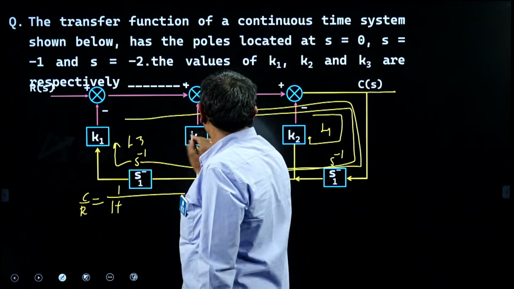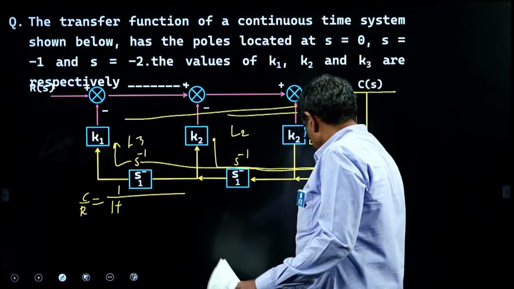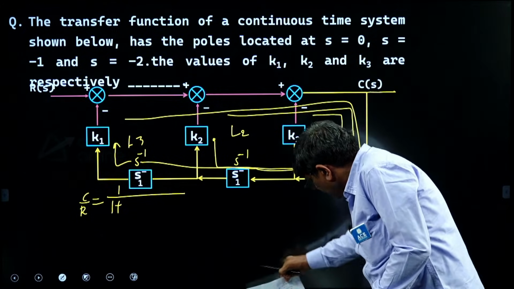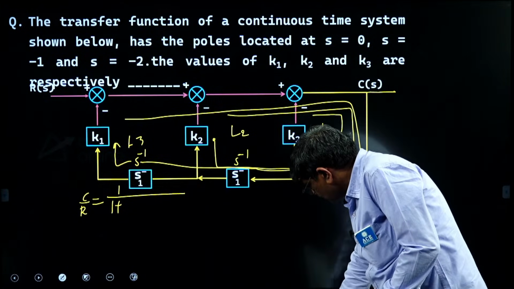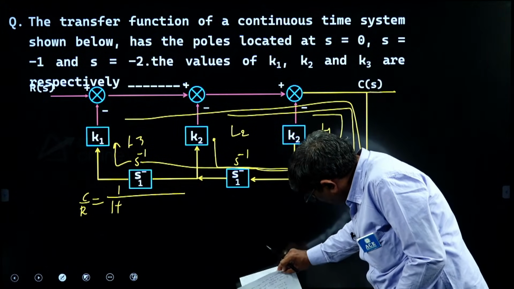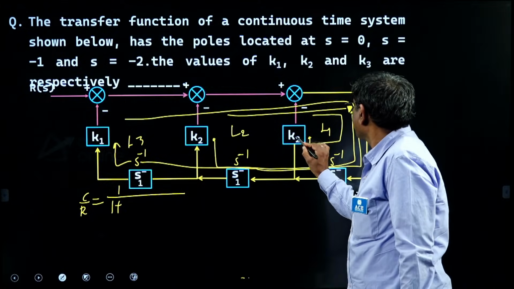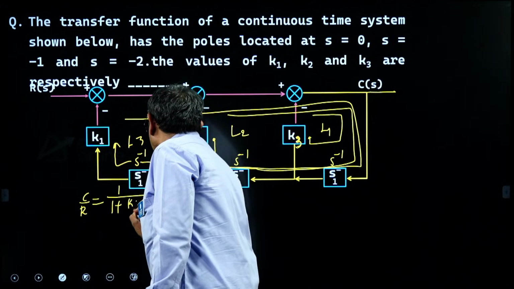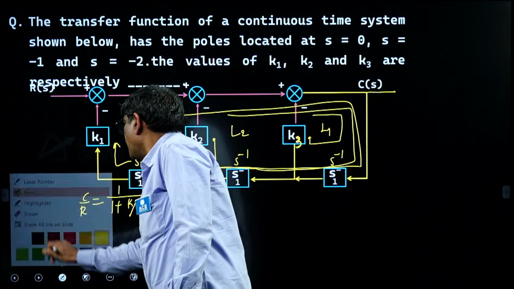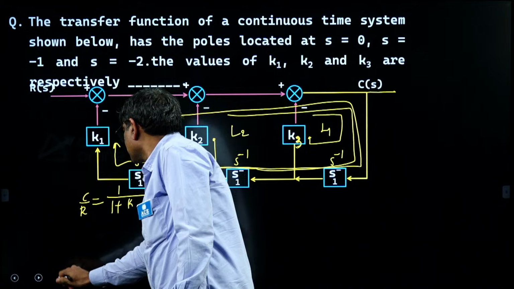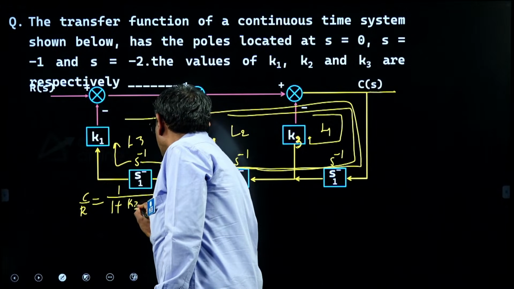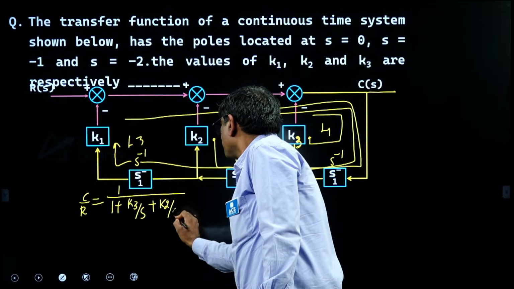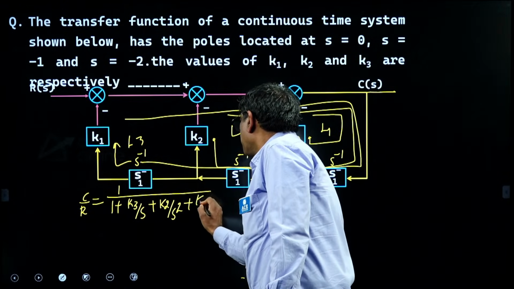So this is K1, K2, K3. In the diagram, where I have drawn K3, which one I have taken K1, which one K2, and this is K3. Come on, what will I get? 1 plus K3 by S, plus K2 by S square, plus K1 by S cube.